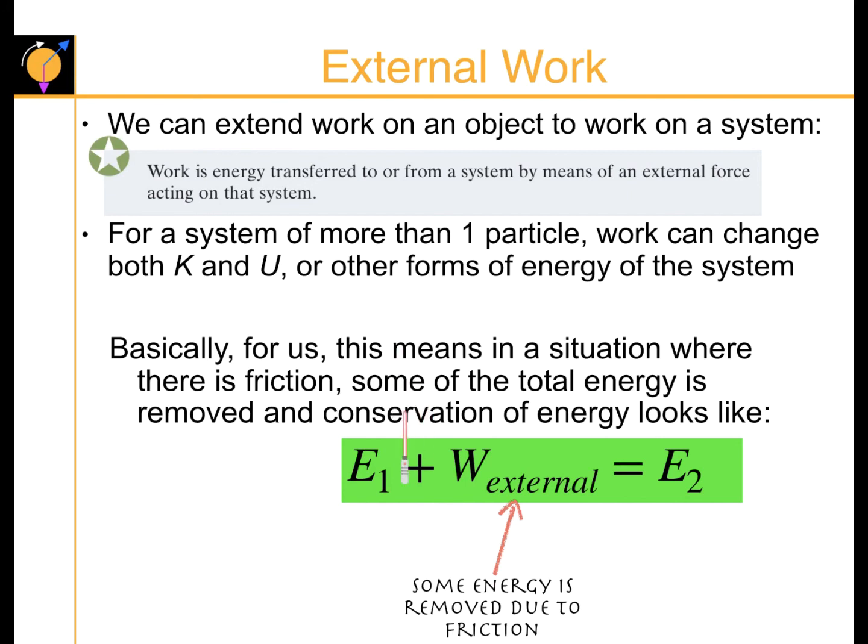So for our purposes, it's a slight modification when there's friction. Instead of just E at one point is equal to the energy at another point, there's the energy at one point plus whatever work is done by friction is equal to the energy at another point. So some energy is removed due to some sort of external work.